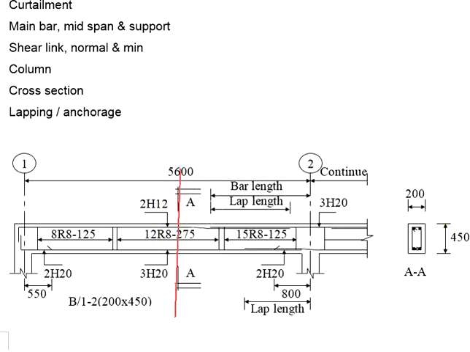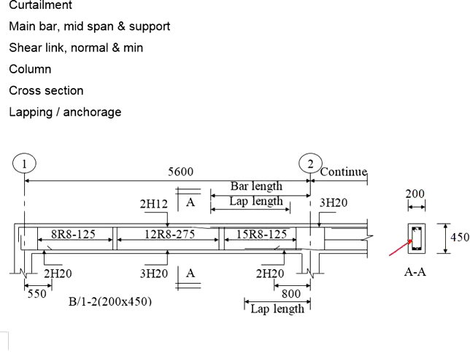Indicate where you are doing the cross section, and then show the cross sections in accordance to the levels of the cross section. Let's say now the cross section here is AA. Then show your cross section here. Show the beam dimensions 200 and 450.